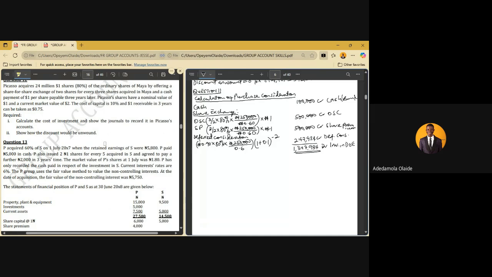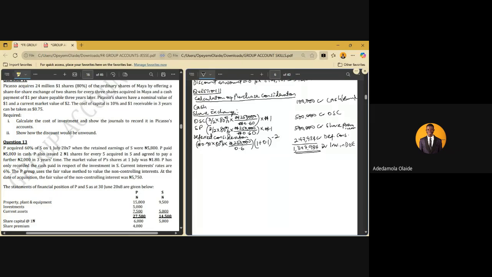Picasso shares have a nominal value of $1 and the current market value of $2. Cost of capital is 10%, and $1 receivable in 3 years can be taken as 75 cents. So calculate the cost of investment and show the journal to record it in Picasso's account.